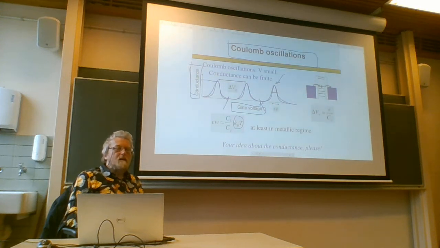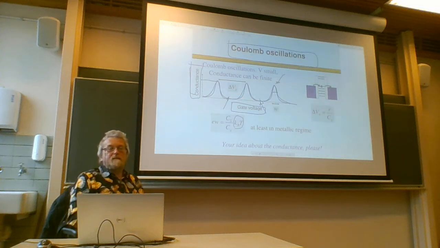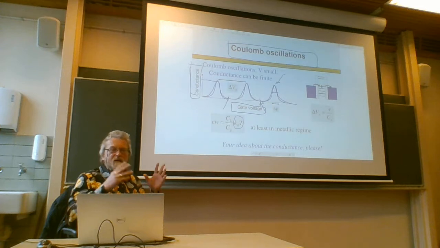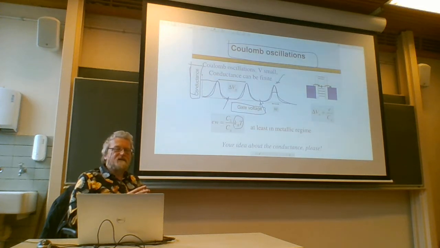We remember that good isolation is required for Coulomb blockade. So this conductance has to be smaller than the conductance quantum. Inverse of 1 ohm does not work. It has to be many orders of magnitude lower.